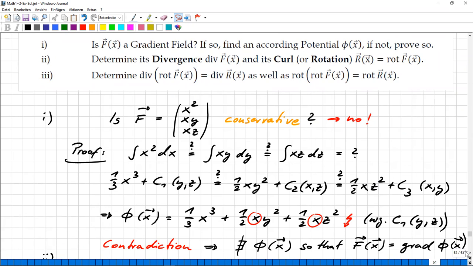Since I know, and as I told you before, that at the moment it's unknown, but our unknown potential, which we are looking for, if it exists, it must be the primitive function of this vector field in a certain sense, in the sense of taking the gradient backwards.